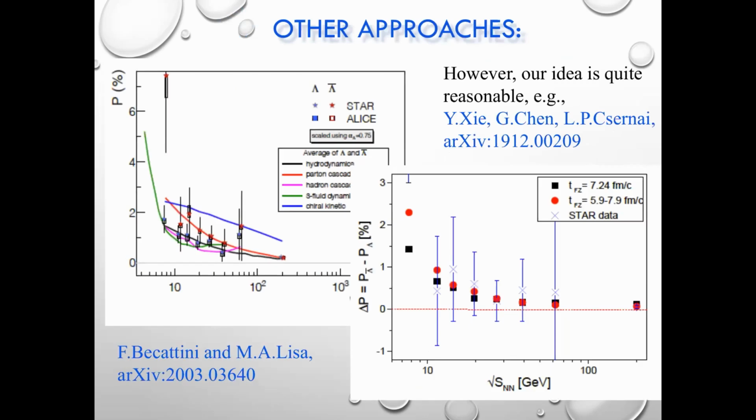And next slide. Yes, here the upper left plot is the comparison which I took from the nice review paper by Francesca Becattini and Mike Lisa. Unfortunately, when they put our results, the hadron cascade, the magenta line, they took the very bottom line, which corresponds just to 20% of centrality, not even 50%, because remember, our line at 7.7 GeV hits 3% and can be increased.